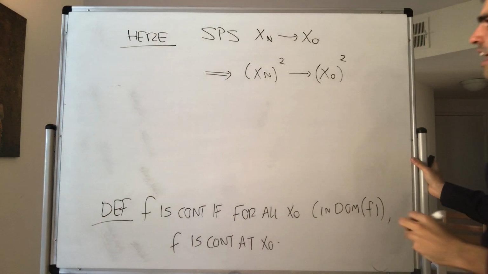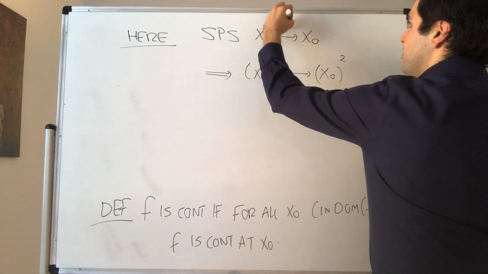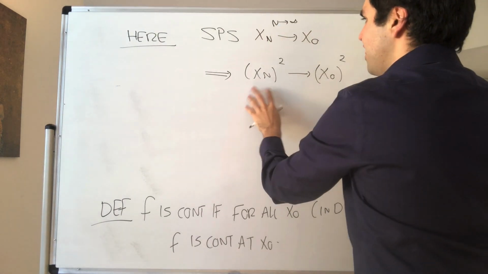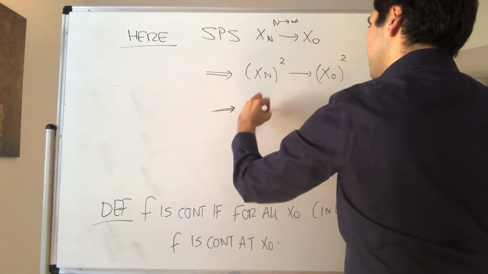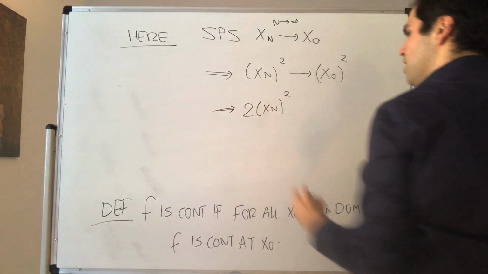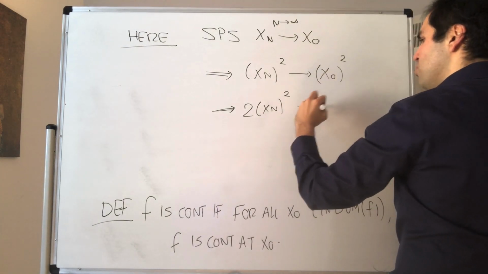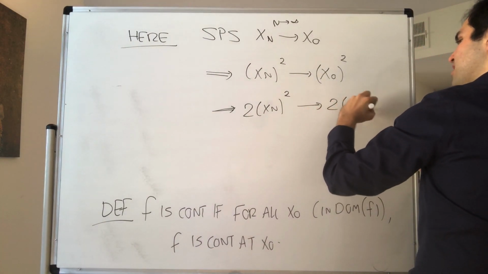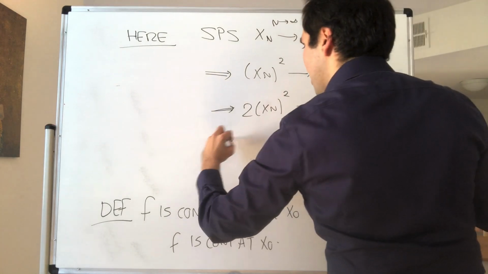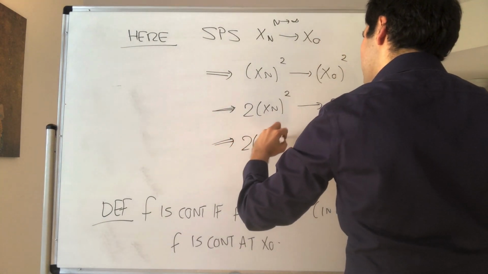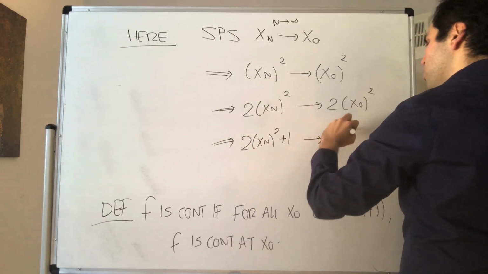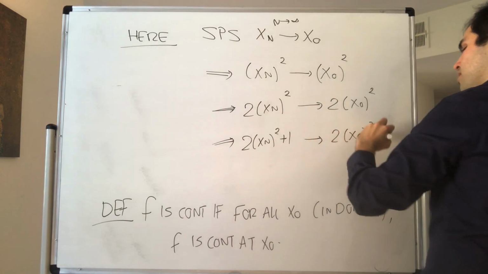And again, just to emphasize, this is as n goes to infinity. And then xn squared goes to x naught squared, and therefore, multiplying this by 2, 2xn squared goes to 2x naught squared. And lastly, adding 1 to this, we get 2xn squared plus 1 goes to 2x naught squared plus 1.